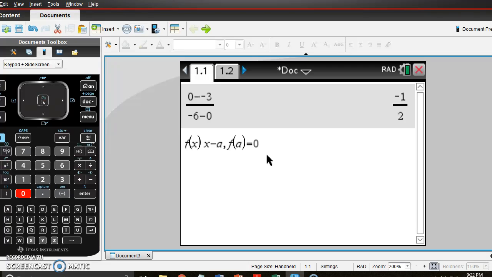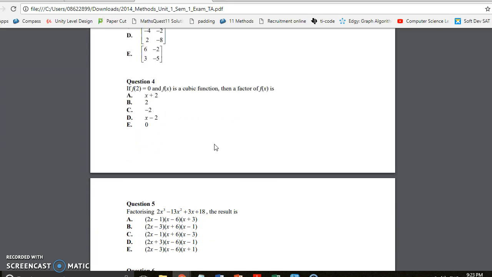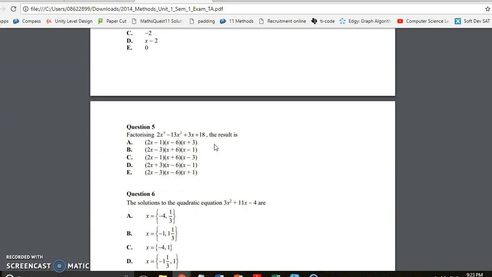So basically, whatever we've got here, we swap the sign and put it in there. So let's have a look. Here we have 2, so x minus 2 is a factor. Alright, I don't recommend question 5.